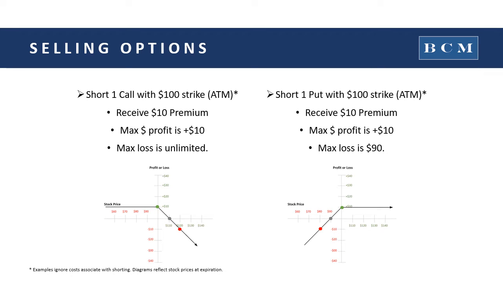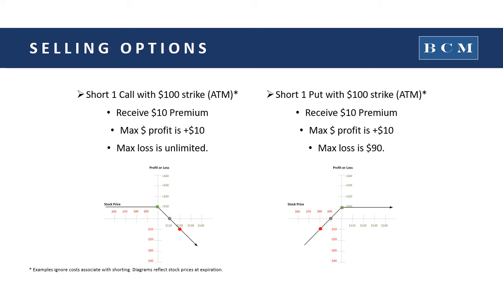So our maximum profit is $10, again, because that's what we sold the put for. Our maximum loss in this case is $90, which is the difference between the $100 strike price and the $10 premium that we received. That's also our break-even price for the short put. That's shown as the gray dot on the chart on the right.